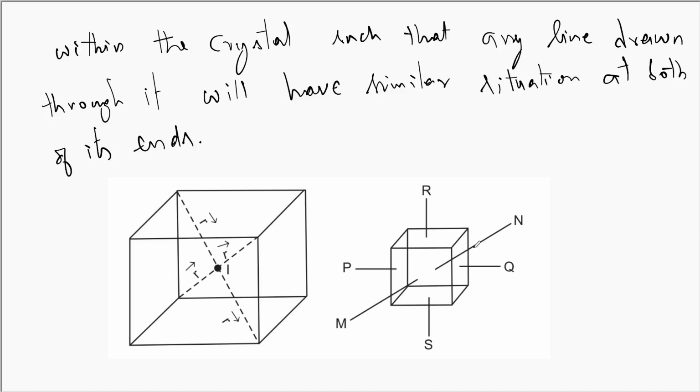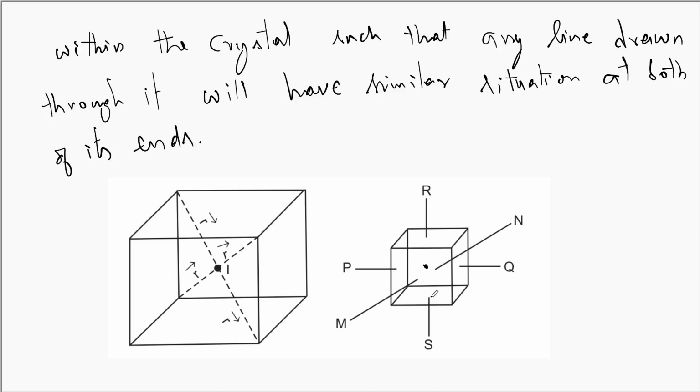Similarly, if you draw a line MN passing through the center of the front face and the rear face, it will have the same situation on either end, which means a center of symmetry exists at the body center of the cube. Similarly, the line from P to Q passing through the body center, touching the center of the left face and the center of the right face, will also have a center of symmetry at the body center.